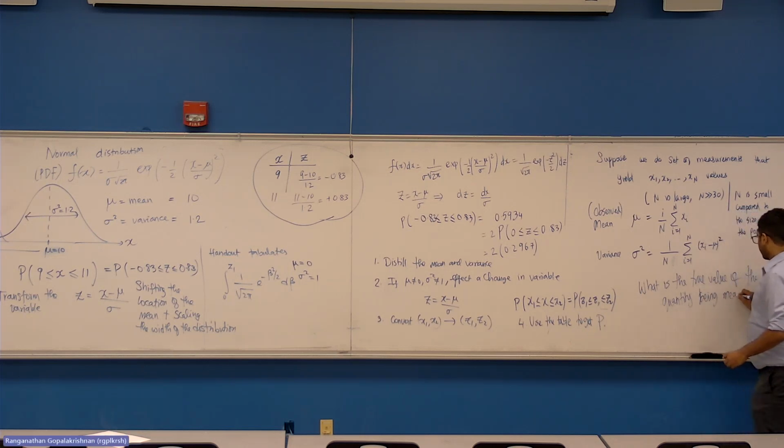If you get 1,000 values and get the average of those 1,000, does it make it the truth? If you get 10,000, does it make it the truth? If you get 100,000, does it make it the truth? What is then the true value of this quantity?